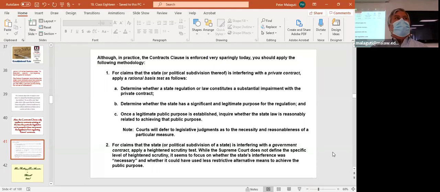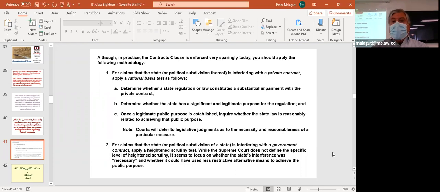This is not the case if the state is interfering with a government contract. Now we're applying a heightened scrutiny test, okay? And again, there's not a super particularized definition of what kind of scrutiny it is, but the court will focus on whether the state's interference was necessary and whether it could have used a less restrictive alternative, where it could have taken sort of smaller steps in order to do it.